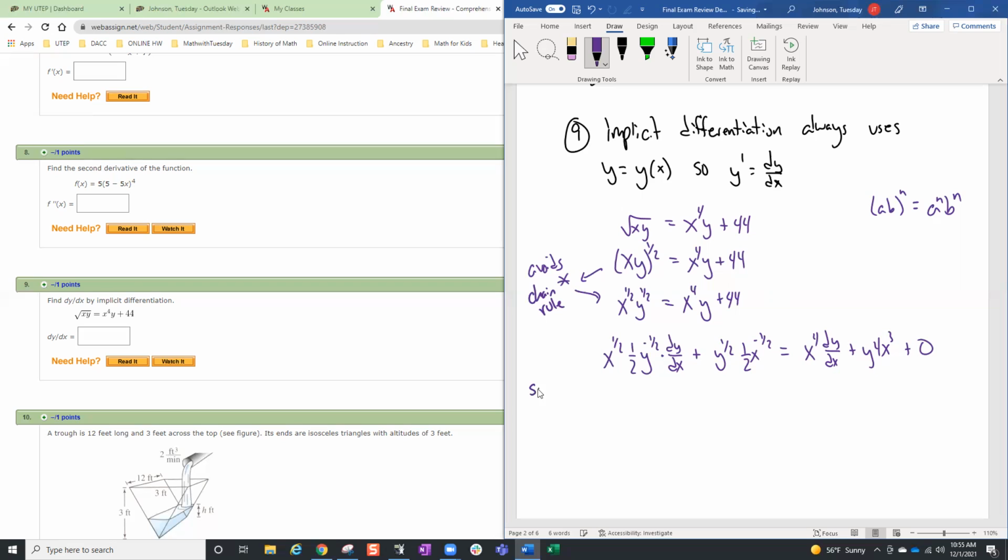I'm going to simplify before I do anything else with this problem, because this is hideous. It always comes down to the algebra. So I have x to the 1/2, y to the negative 1/2. I'm going to call that 1/2 the square root of x over y, right?